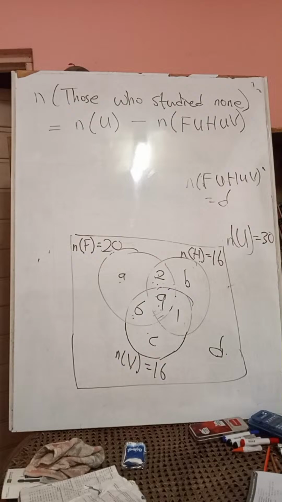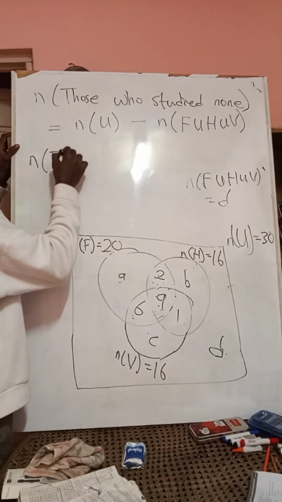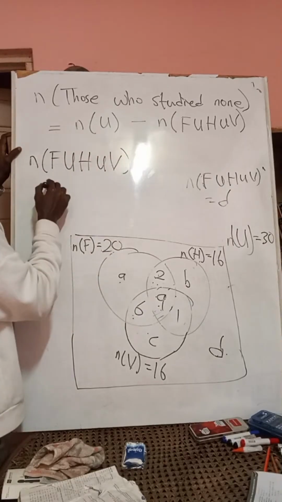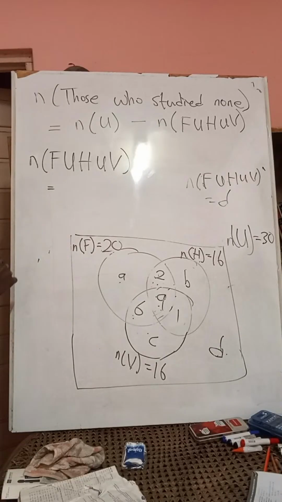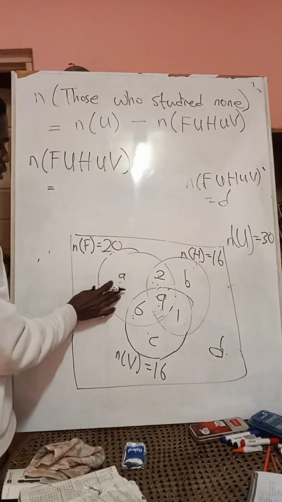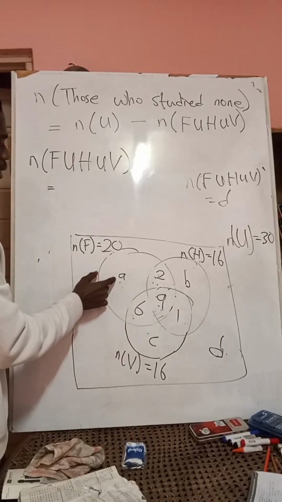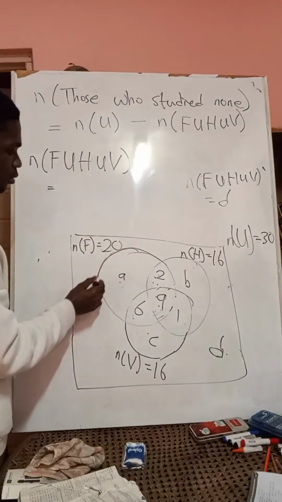Okay, so let's find this one: number of F union H union V is equal to number of F union H. We are adding all of this in the set, right? So we can take the whole of F here.